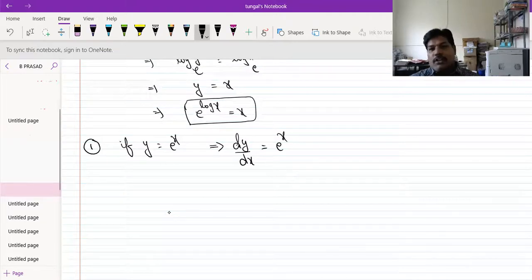This is the special function. Y is equal to e power x. The graph is there. The tangent of that curve is nothing but the same function, y is equal to e power x.